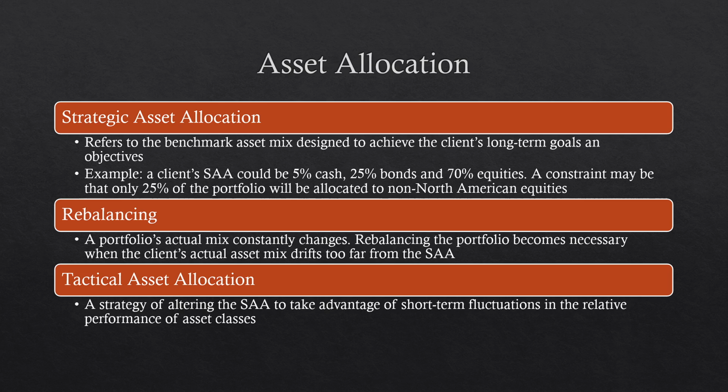Now, tactical asset allocation is a strategy of altering the strategic asset allocation to take advantage of short-term fluctuations in the relative performance of asset classes. There are certain strategies where you can alter that.